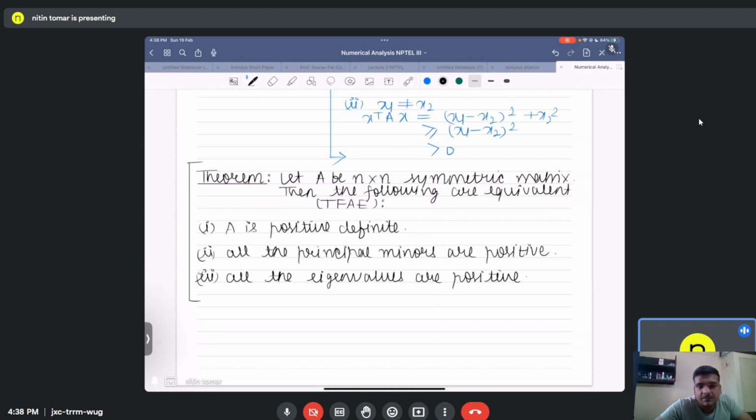So all the principal minors are positive, which means the nth principal minor will also be positive, correct? But what is the nth principal minor?